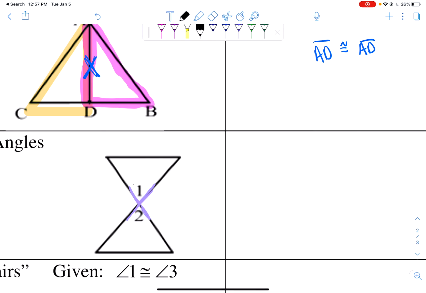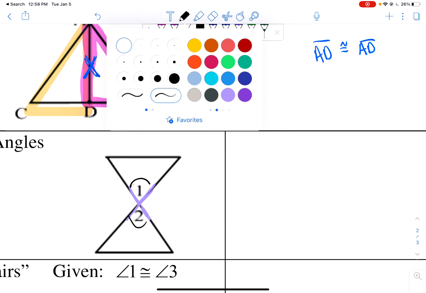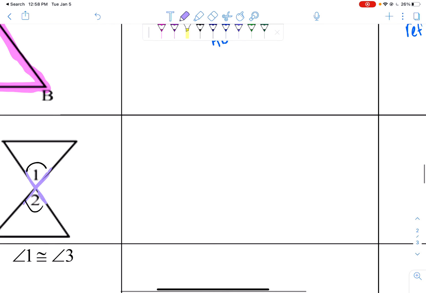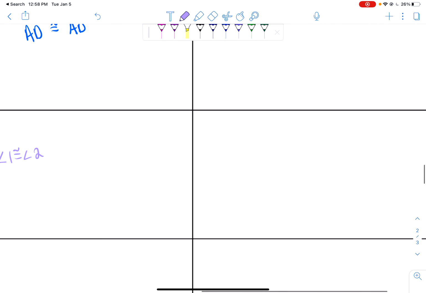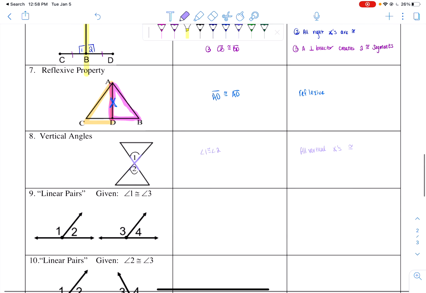So I can say angle 1 congruent to angle 2, and I can just say that vertical angles are congruent. All vertical angles are congruent.